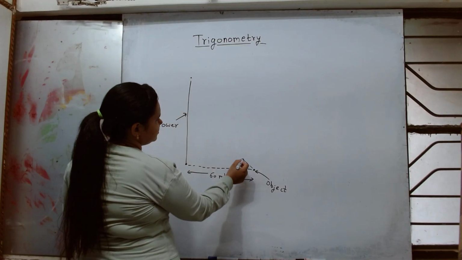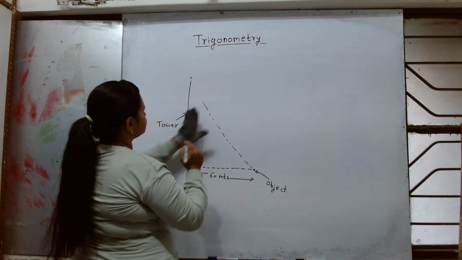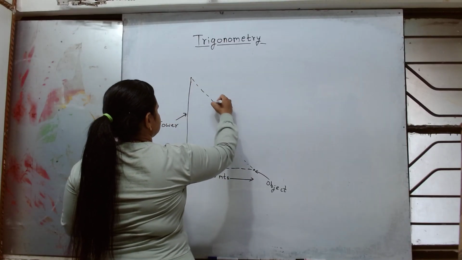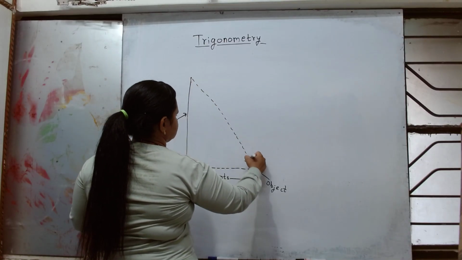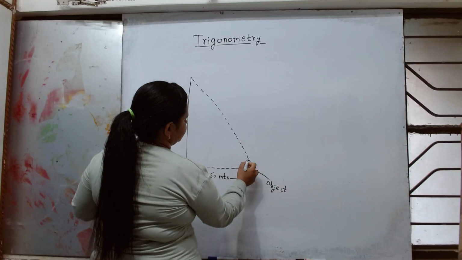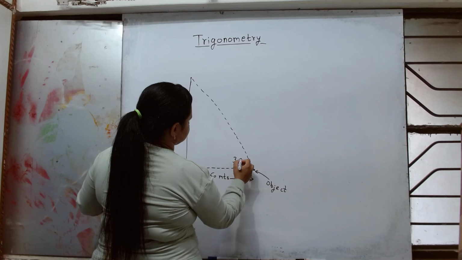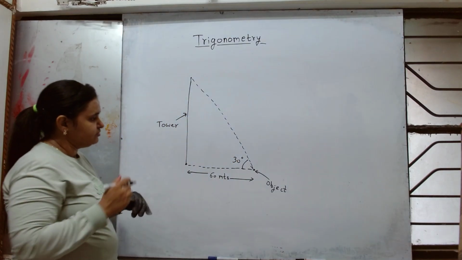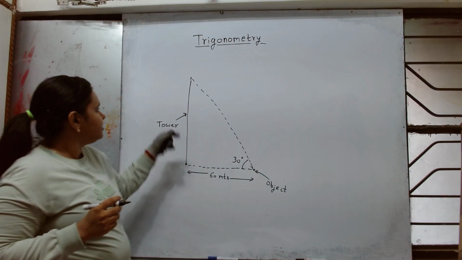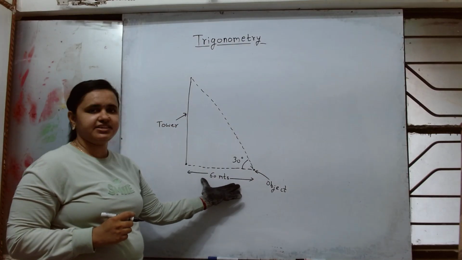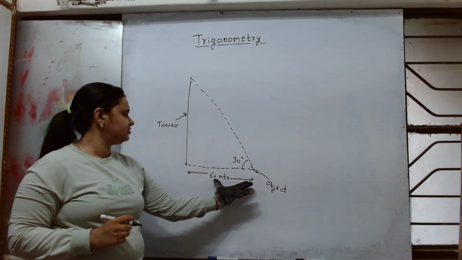That means it is given as 30 degree. There is a tower, an object is kept at 60 meters from the foot of the tower.